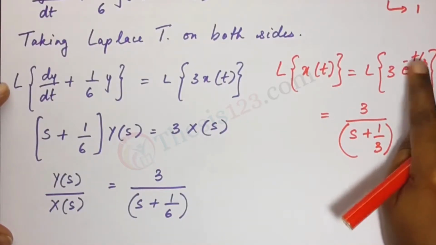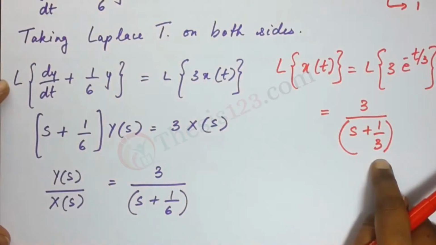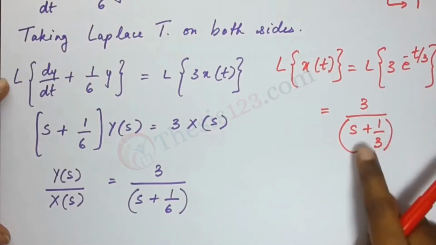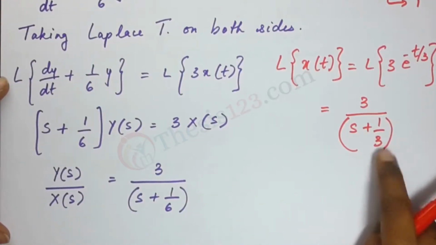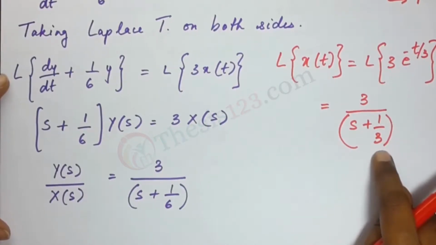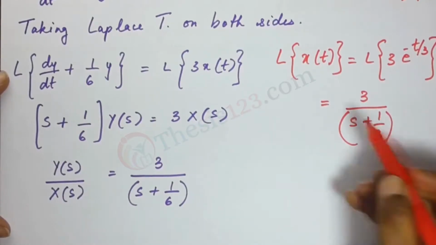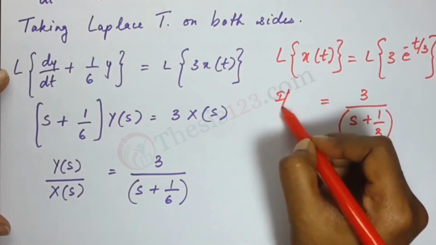The Laplace of e^(-t/3) is 1 divided by (s + 1/3). Now I suggest that you keep the list of formulas by you while you are solving this. That will help you out. Okay, so this is our input.